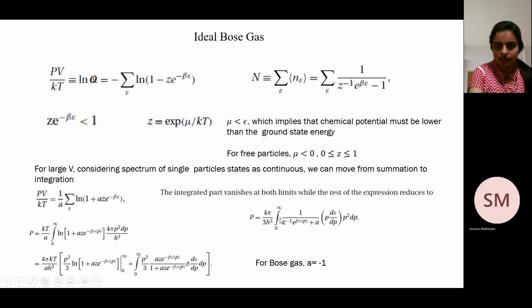So what remains is this. This is how you define P, or the pressure. Depending on how your energy depends on your momentum, you can have different expressions for the pressure, and then you can solve it to get the pressure, right? Now, for Bose gas, A would be replaced by -1.